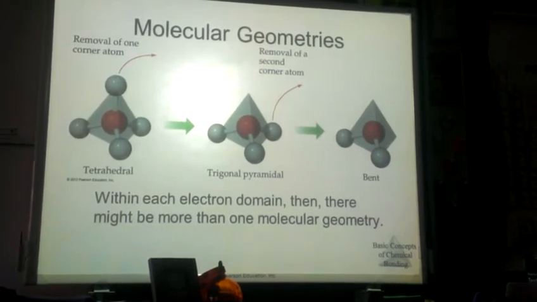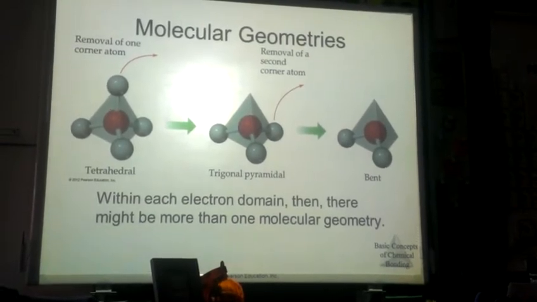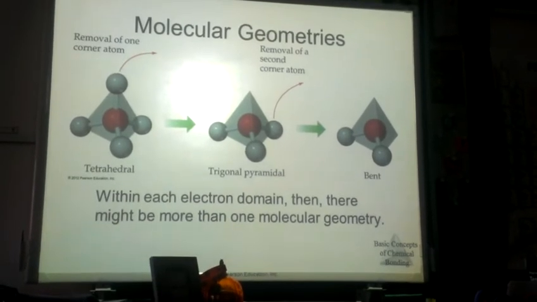But as soon as I take off that atom there, I'm left with this lone electron pair. And that lone pair of electrons is going to repel these atoms that it's attached to. So it's going to change the bond angle slightly because of that lone pair. So they're not the same thing, which is why I can't just call them all tetrahedral.